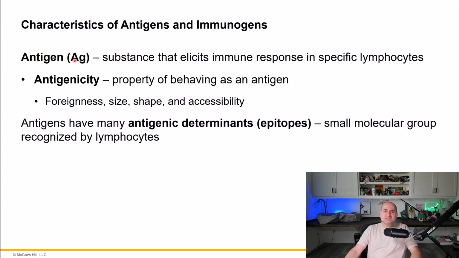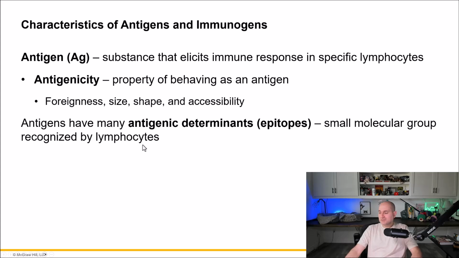And actually, it's a little bit more specific than that. An antigen might be huge. You could have a giant foreign protein, or a giant foreign molecule. But the specific sites on that molecule that are recognized by antibodies or T cell receptors are called epitopes. See this term here? An epitope. So an epitope is a small molecular group recognized by lymphocytes.